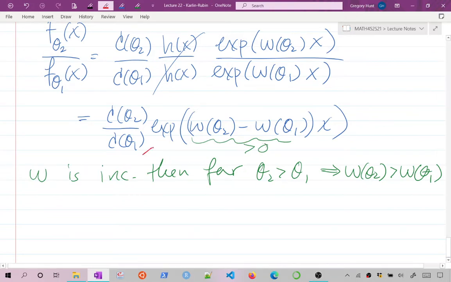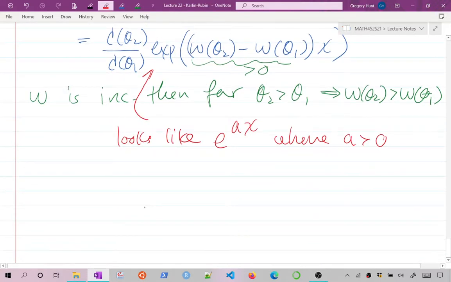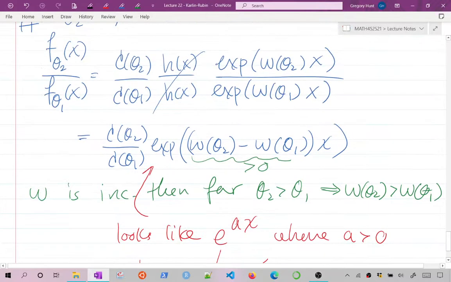And so this whole thing, as a function of X, which is what the MLR property is talking about, looks like e to the AX, where A is bigger than 0. That's an increasing function, right? It's some increasing function of X, and so this likelihood ratio is an increasing function of X, therefore it has the MLR property.